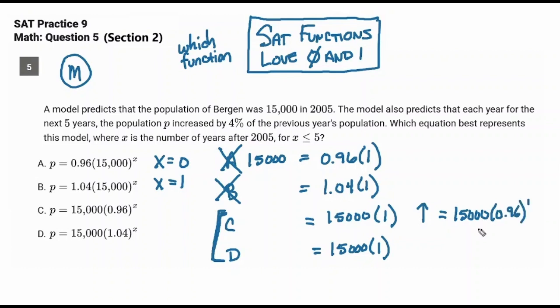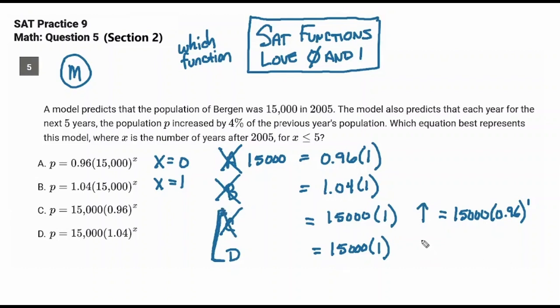So 15,000 times 0.96. Is that going to go up or down? Well, the population is going to go down a little bit because 15,000 times something less than 1 means you're going to go down. If you're not sure, put it in your calculator and see. I was looking to go up. That goes down. Let's try D.